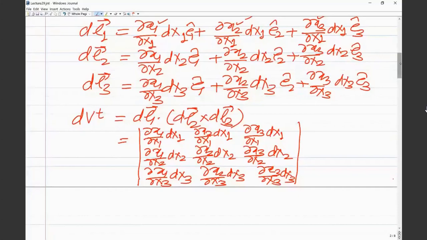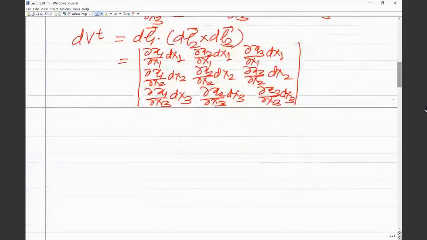So now you have this as the dvt. You would see that dvt can be written as follows: in the first row we can take dX1 common, in the second row we can take dX2 common, and in the third row we can take dX3 common.